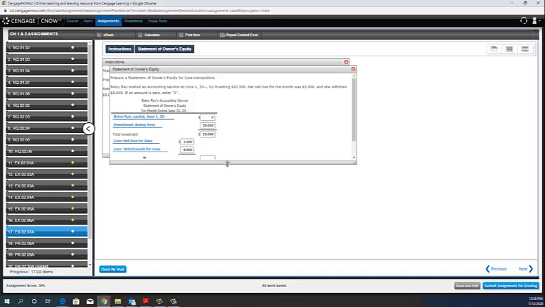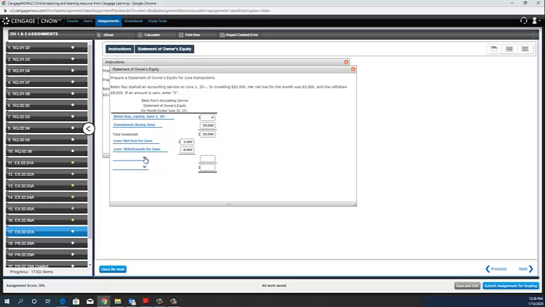Okay, so if you look, when we do our increase or decrease, we have a net loss which decreases capital, and then she withdrew $8,000 on top of that, which decreases capital even more. So you're just going to have one huge $11,000 decrease in capital.